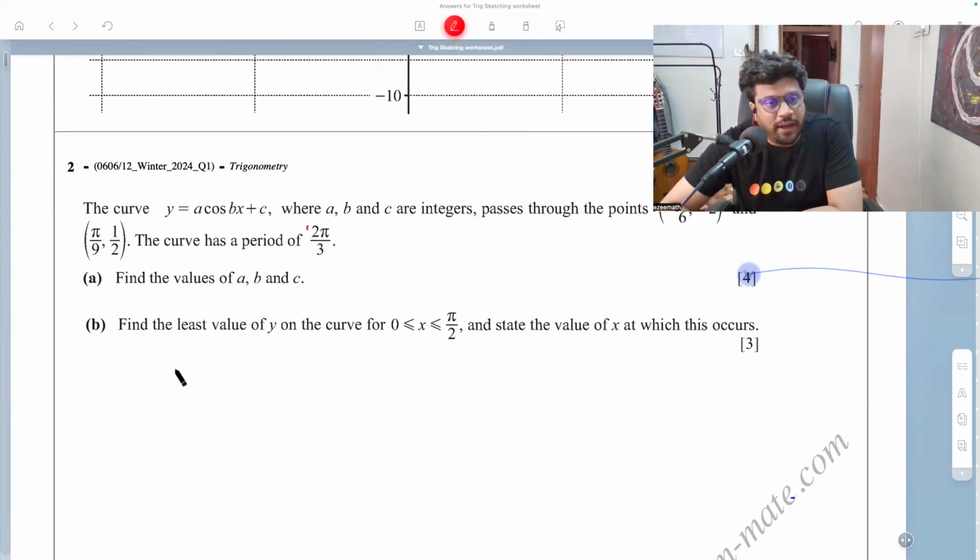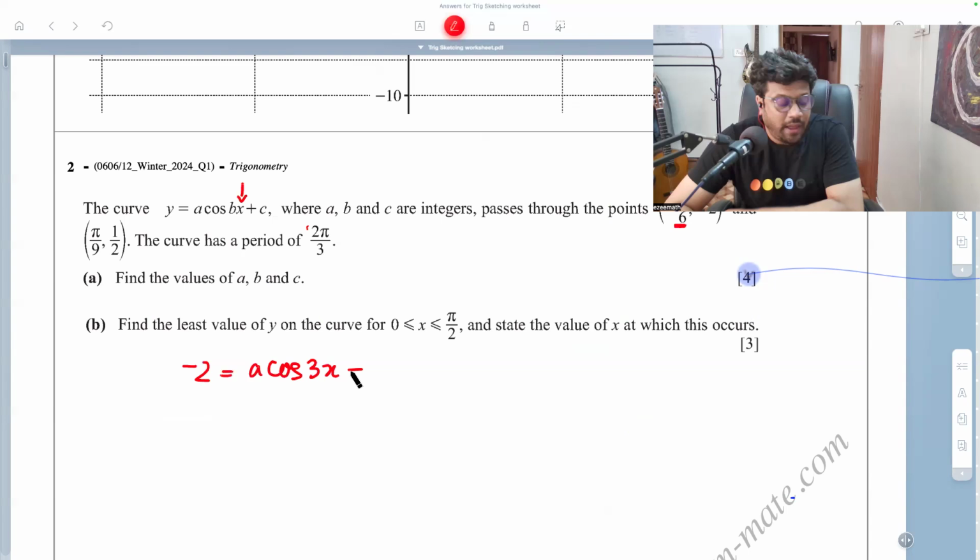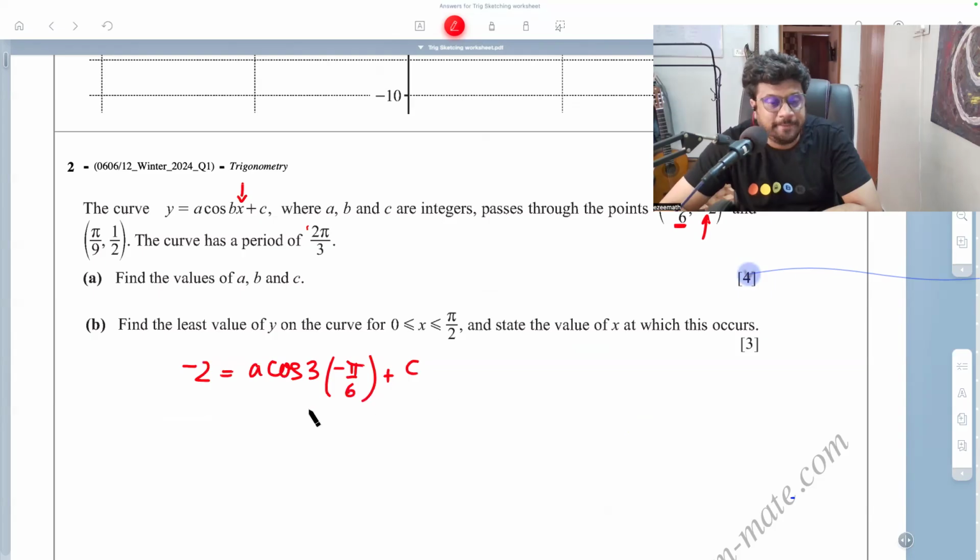Okay. How about I substitute the x values in here, and I know that the y corresponding to it should be minus 2. Let's use the first point. Negative 2 being y, a cos of b, which I have just found is 3, and x, when y is negative 2, is supposed to be minus pi by 6. So there it is, minus 2 equals a cos of minus pi by 2 plus c.